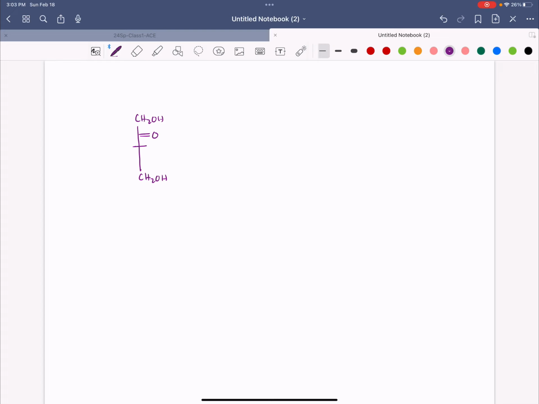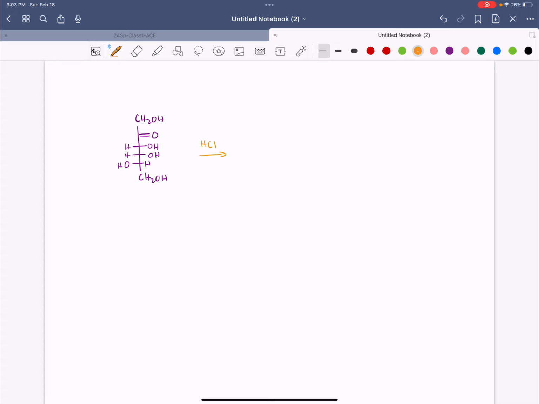And randomly, OH, OH, OH. We're going to perform a hemiacetal formation, and so we're going to make this cyclic. We'll do it under acidic conditions.